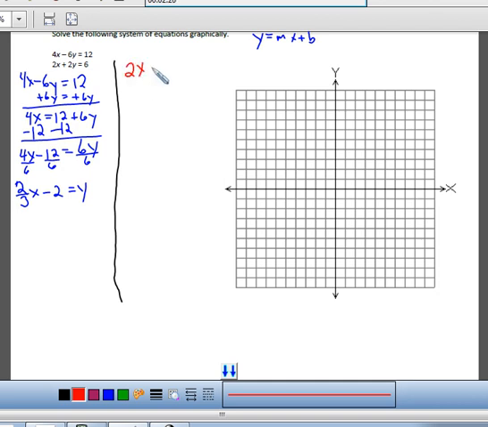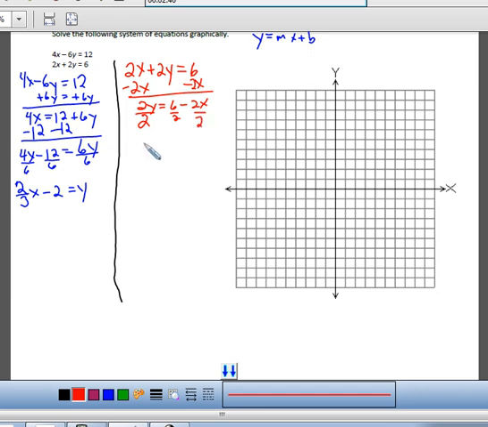We have 2x plus 2y equals 6. So first thing, I'll subtract 2x from both sides, and I get 2y equals 6 minus 2x. Divide through by 2.